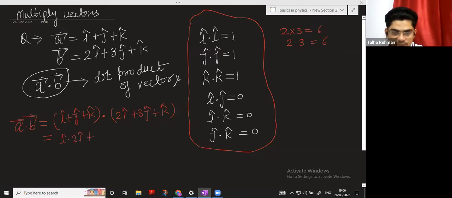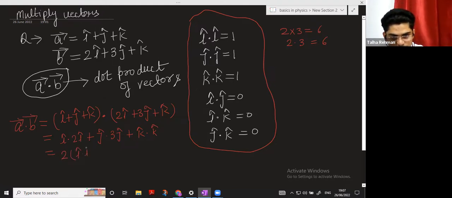J with 3j plus k with k. Now I can write it 2 into I cap dot I cap plus I can write it 3 into j cap dot j cap plus the last one is already written now.